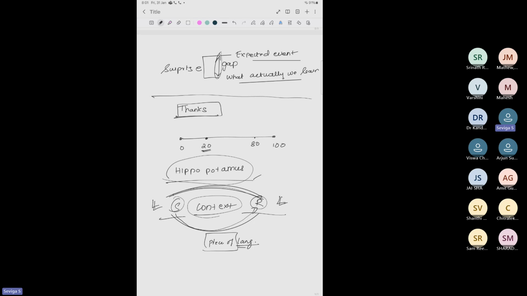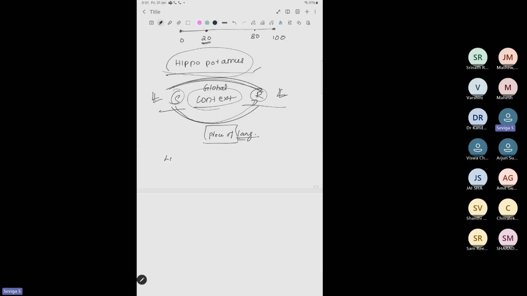If you want to be more formal, we can call this the global context. There is one more context called the local context. So what is a local context? Local context is, if you are sending an essay, in the third paragraph there are some words. Those words were explained in the first paragraph. So the first paragraph essentially gives you the context for the third paragraph.